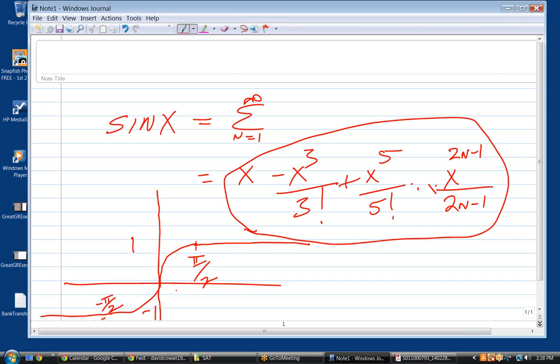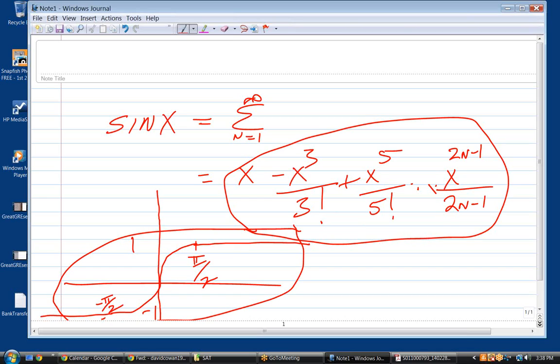So if I were to take this same function and figure out the Taylor series for it, I would get this same series. So the fact that sine x is equal to this series doesn't mean that this series converges to sine x. Because this series down here most definitely does not converge to sine x. And yet it's the same infinite sum.